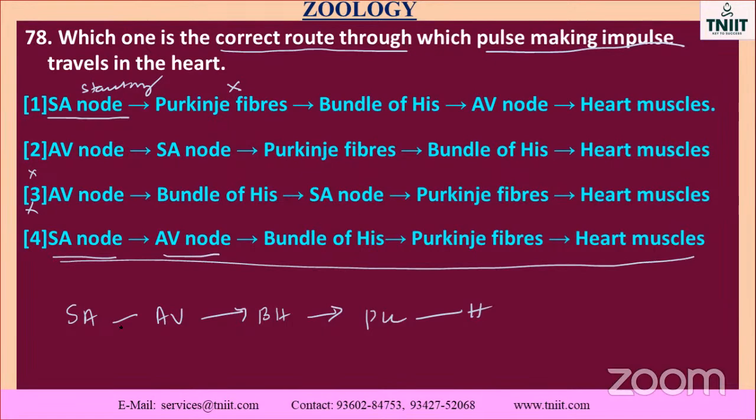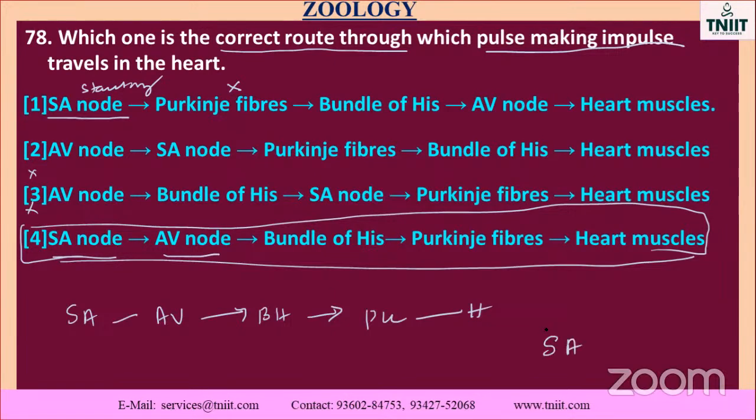So you have to analyze this part. Okay. The impulse transmission starts from the sino-auricular node, then the auricular ventricular node, bundle of His, Purkinje fiber and heart muscles. So you have to remember it as SA, AV, bundle of His, Purkinje. This is a format, a mnemonic.